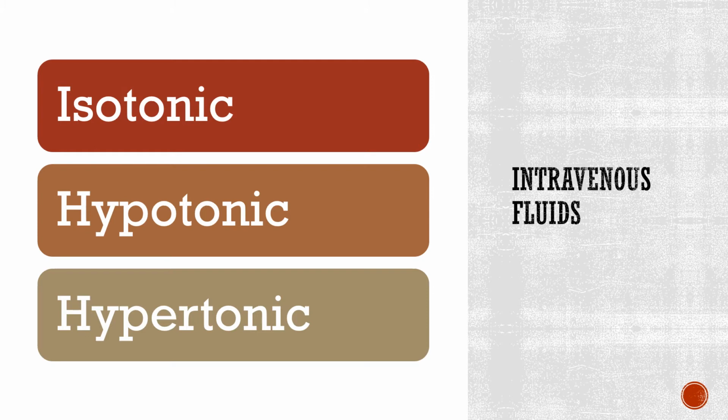That's all that's in NS. Hypotonic would have less solutes to it. So like say, for example, half NS. And hypertonic would have extra solutes, which an example would be like 3% sodium chloride. And we'll talk about those on the next slides.